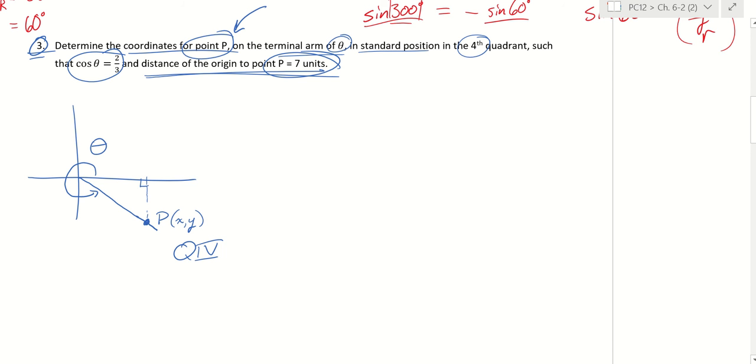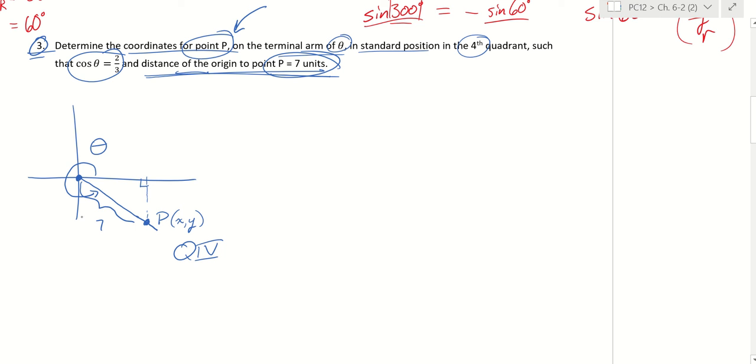Usually it's nice to draw triangles here. So what do we know about this? Well, we know the distance from the origin to point P is 7 units. So where's the origin? The origin is always where the x and y axes cross at 0, 0. So the distance from the origin to point P is 7 units.